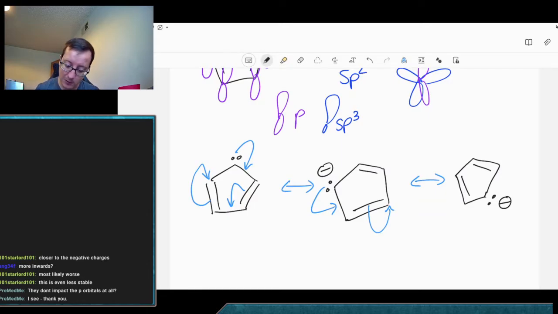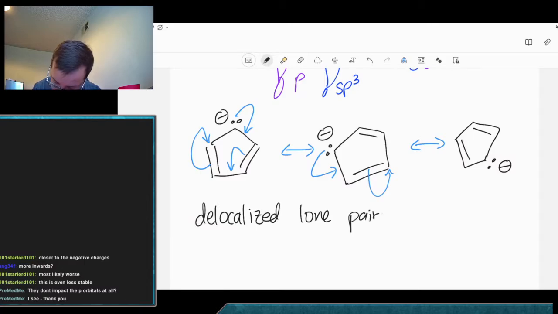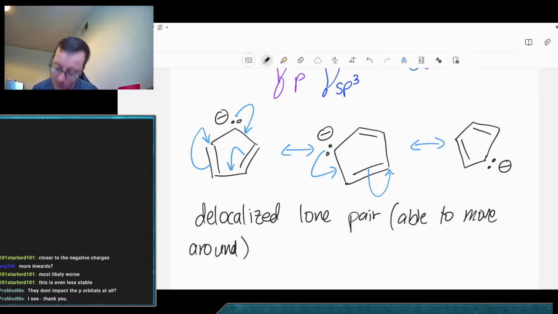And so we can just move this lone pair around. As a result, we call this one, that's a negative charge as well, a delocalized lone pair. It's able to move around, essentially. So delocalized, not stuck in one location, it's able to move around.